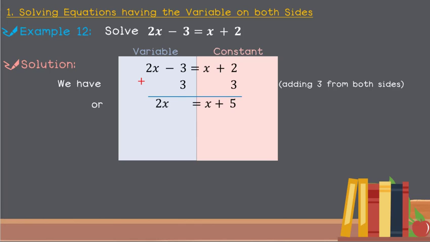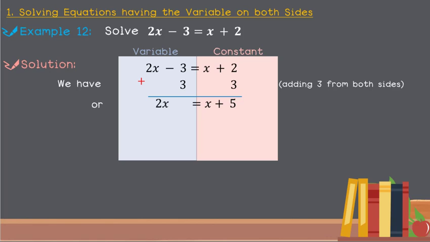But then I have negative 3 plus 3, which is just 0. That's the whole point. They cancel out. I don't have to write it down. That is equal to the right hand side. I carry down x, and then I have 2 plus 3, which is just 5.